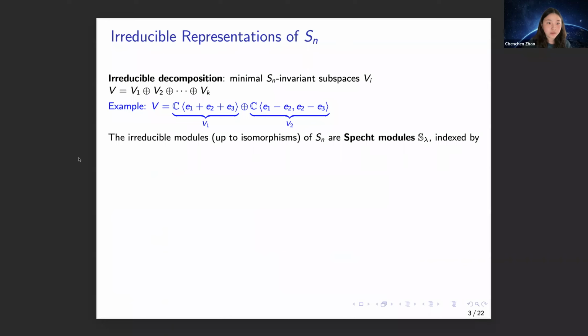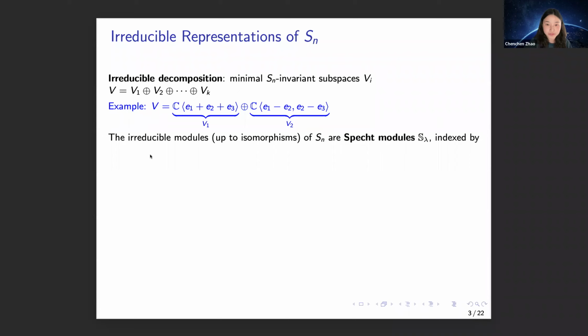And we can decompose the representation into irreducibles, or we can decompose the space into minimal Sn-invariant subspaces. So for instance, C cubed can be decomposed into the subspace spanned by E1 plus E2 plus E3, and its orthogonal space, which is the space spanned by E1 minus E2 and E2 minus E3. So it can be written as V1 plus V2.